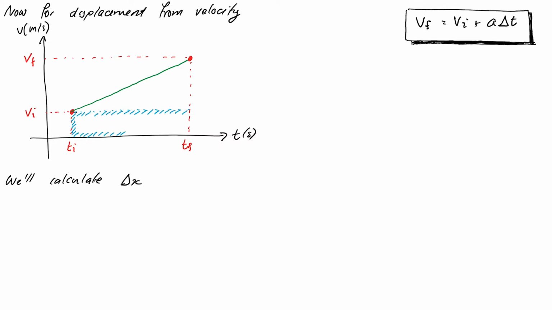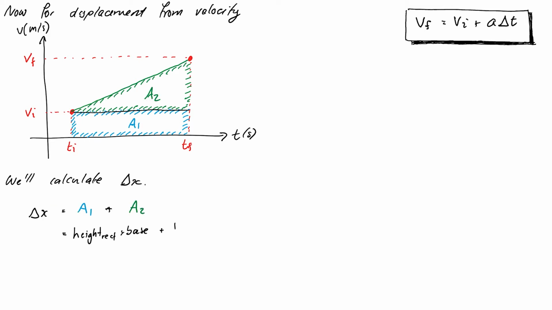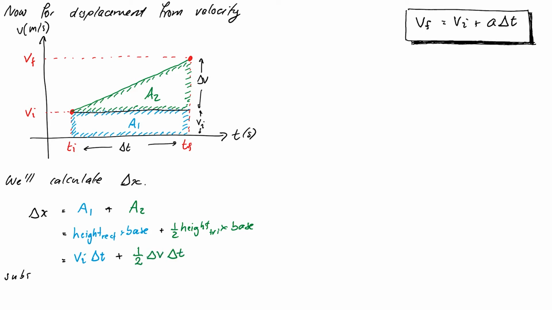So delta x will therefore be the area of this rectangle plus the area of the triangle on top of it. So that'll be the height of the rectangle times the base plus half the height of the triangle times its base, which is the same. So that will be Vi delta t plus 1/2 delta v delta t. That's the height of that triangle is delta v.